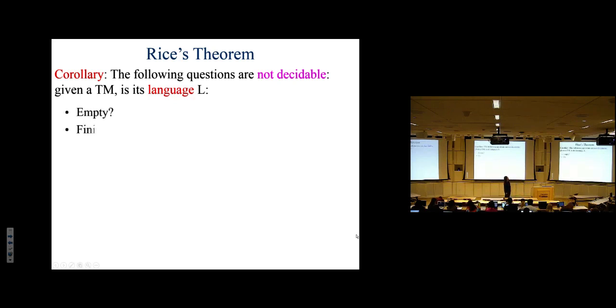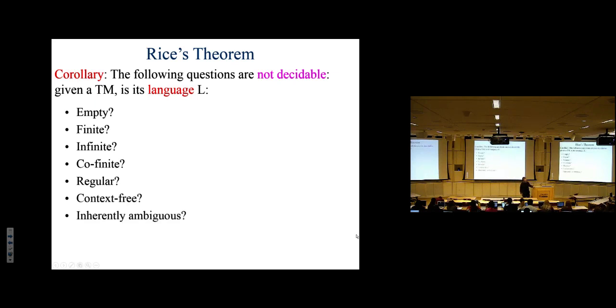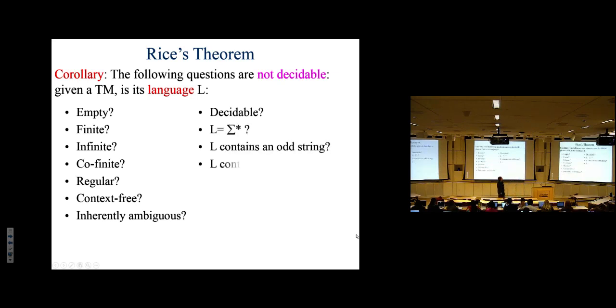So for example, if the language of a machine is empty, it's undecidable. If the language of a machine is finite, undecidable. If it's infinite, cofinite, which means the complement is finite. Is it regular? Is it context-free? Undecidable. You can't tell anything about machines hardly, about the languages of machines, not the machines themselves.